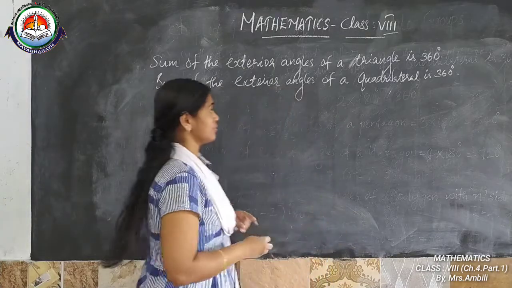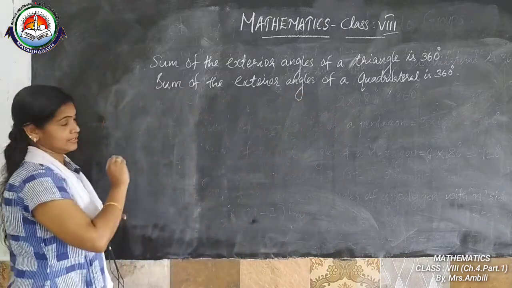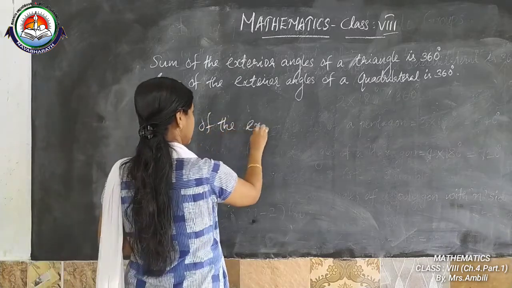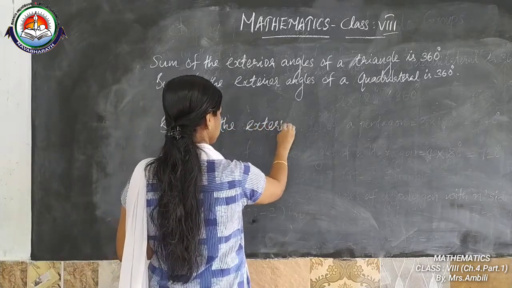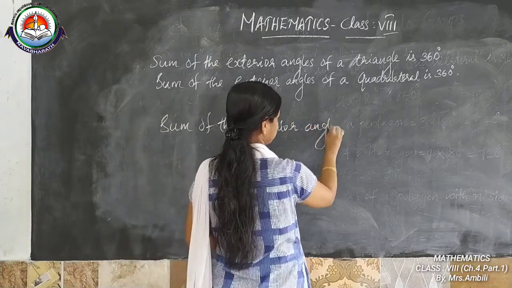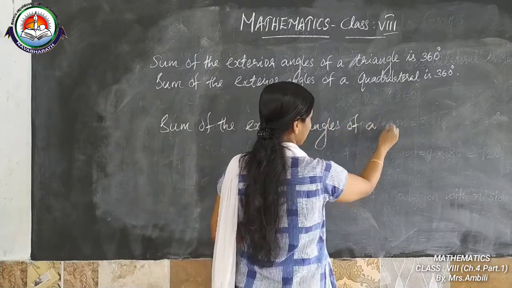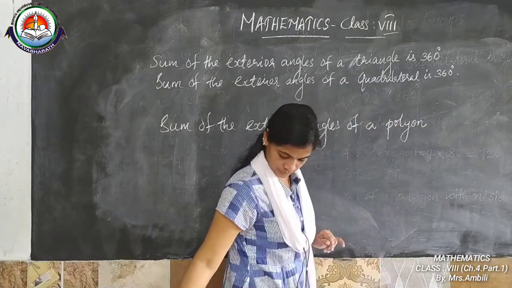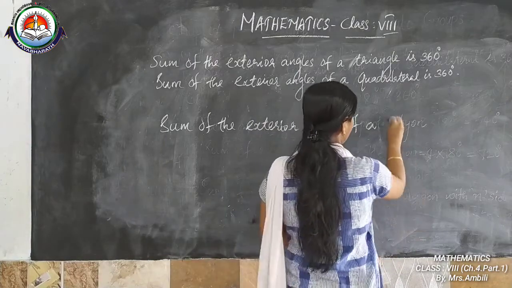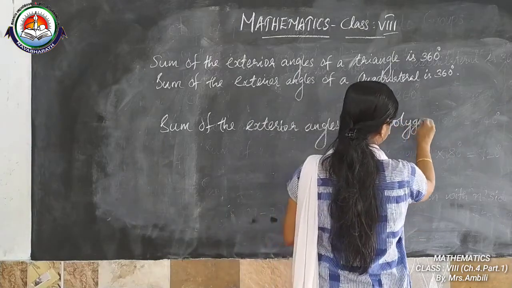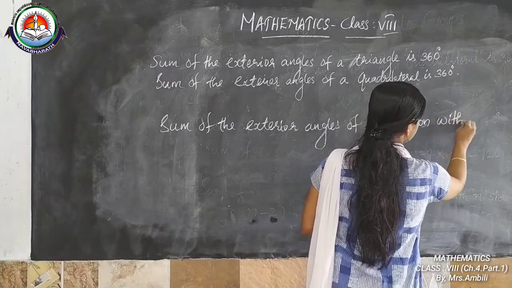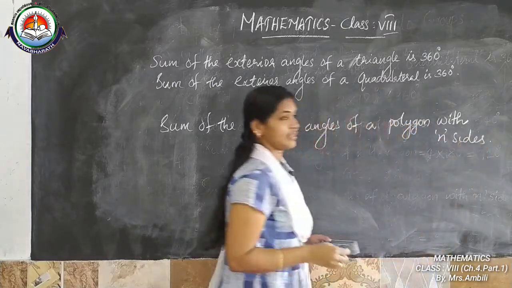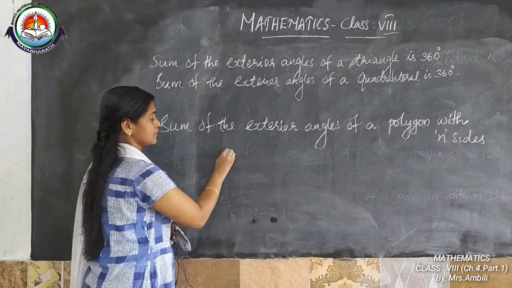Okay, so from all this we can say what the sum of the exterior angles of a polygon with n sides is.